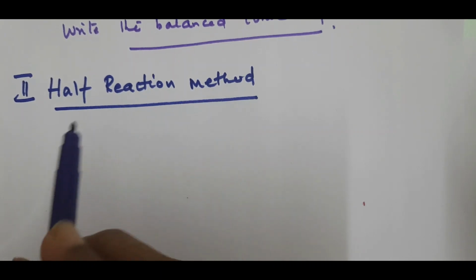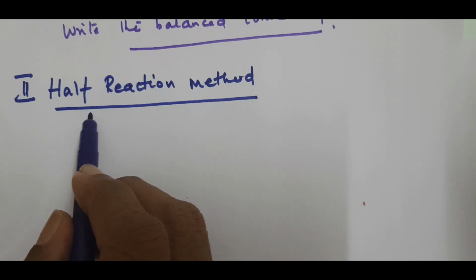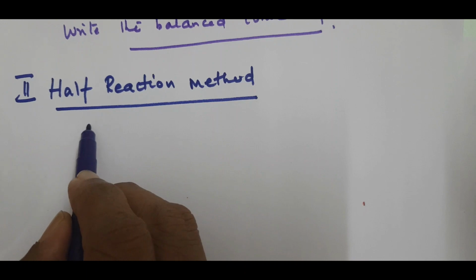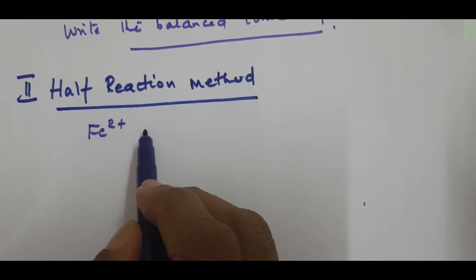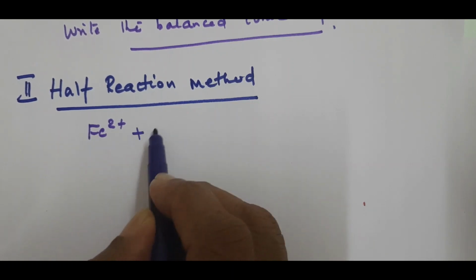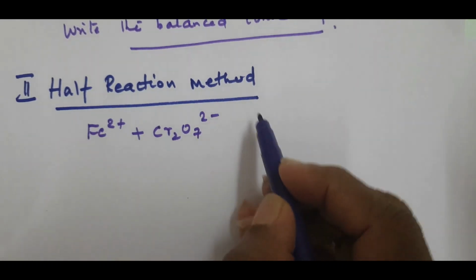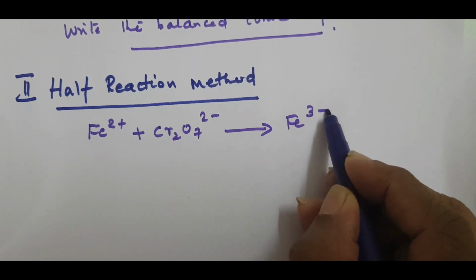Okay. Now for an example, suppose we want to balance the equation showing the oxidation of Fe2+ ion to Fe3+ by dichromate ion. Dichromate ion means Cr2O7 2-. That is Fe2+ to Fe3+. Correct?